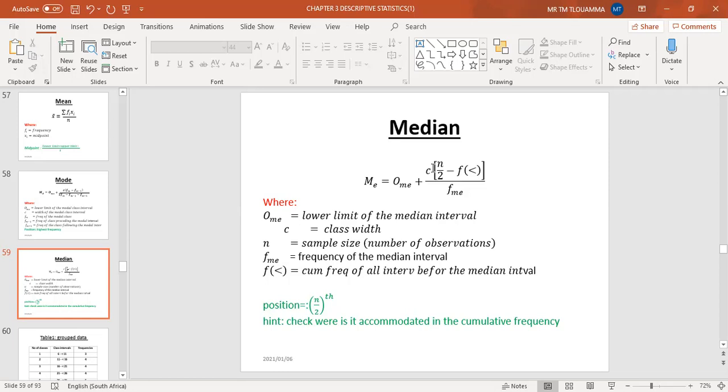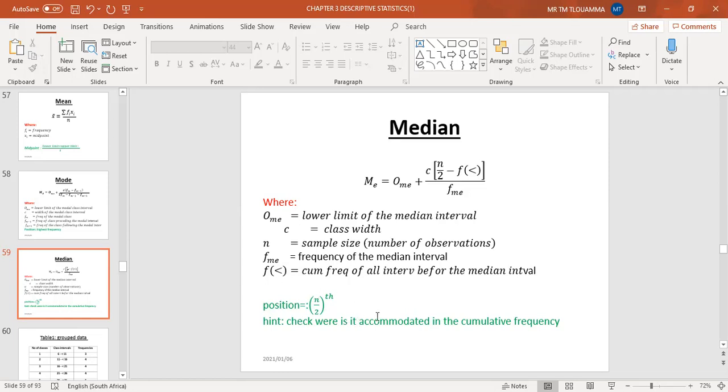Then the Fme is the frequency of that median interval. After finding the median interval, you will find the frequency of that median interval. And then the lower limit of the median interval also corresponds to that particular frequency of the median interval.